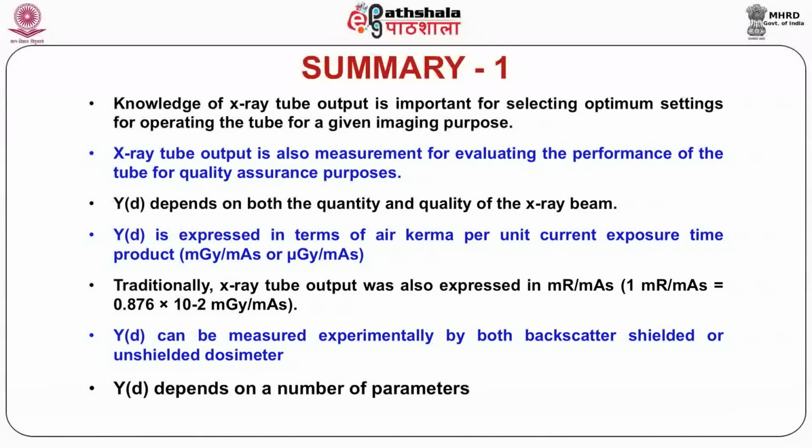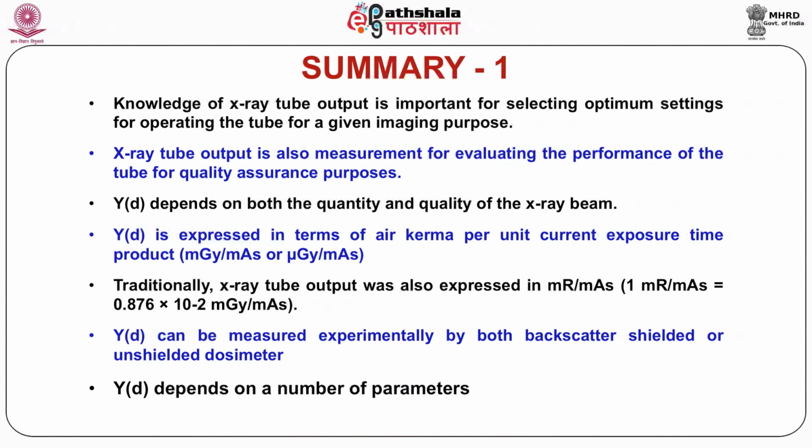The X-ray tube output depends on both the quantity and quality of the X-ray beam. The X-ray tube output is expressed in terms of air kerma per unit current exposure time product, that is milligray per mAs or microgray per mAs at a given distance from the X-ray tube focus.